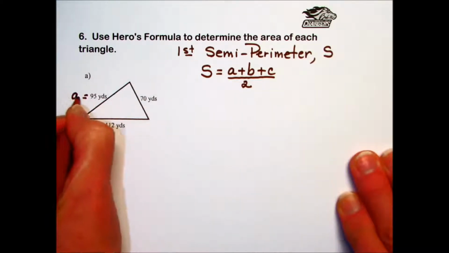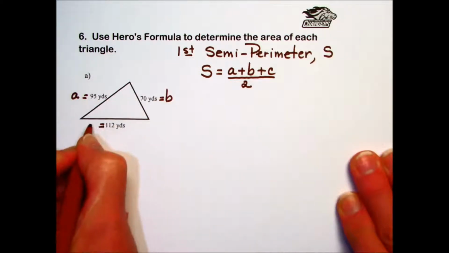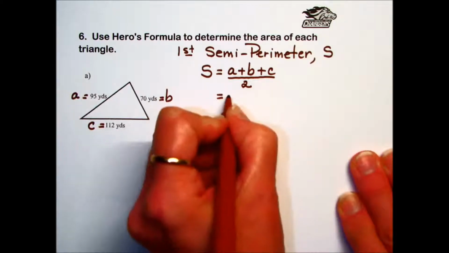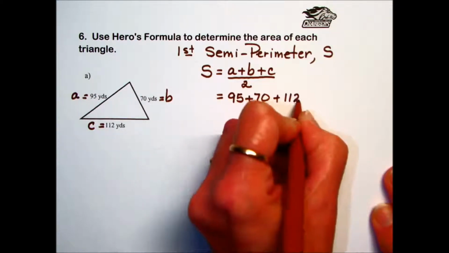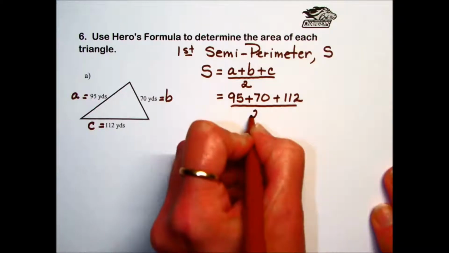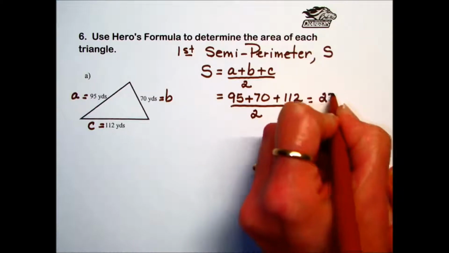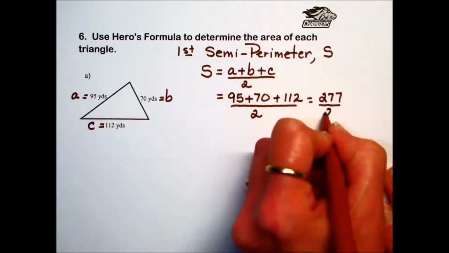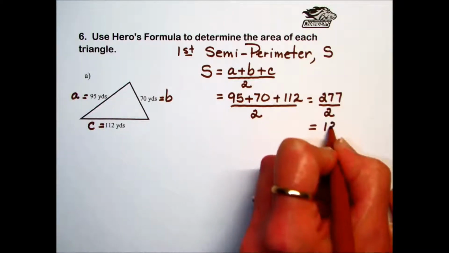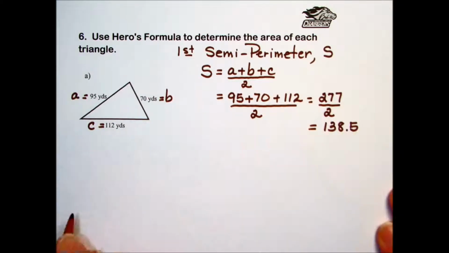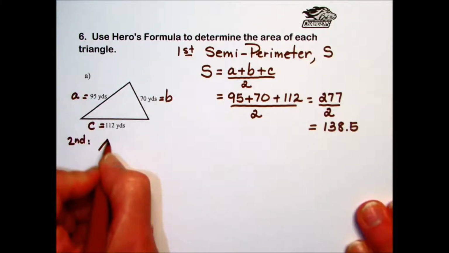So just for reference, we'll call this side of the triangle A, this one B, and this one C. Plugging in those values, 95 yards plus 70 yards plus the longer side, 112, and dividing it by 2 results in a sum of 277 that we divide by 2, giving us a semi-perimeter value of 138.5.